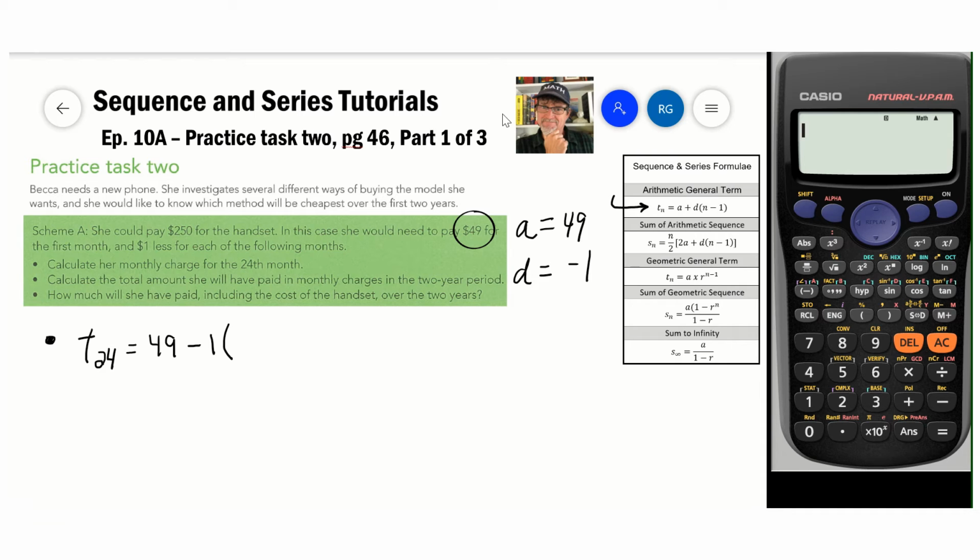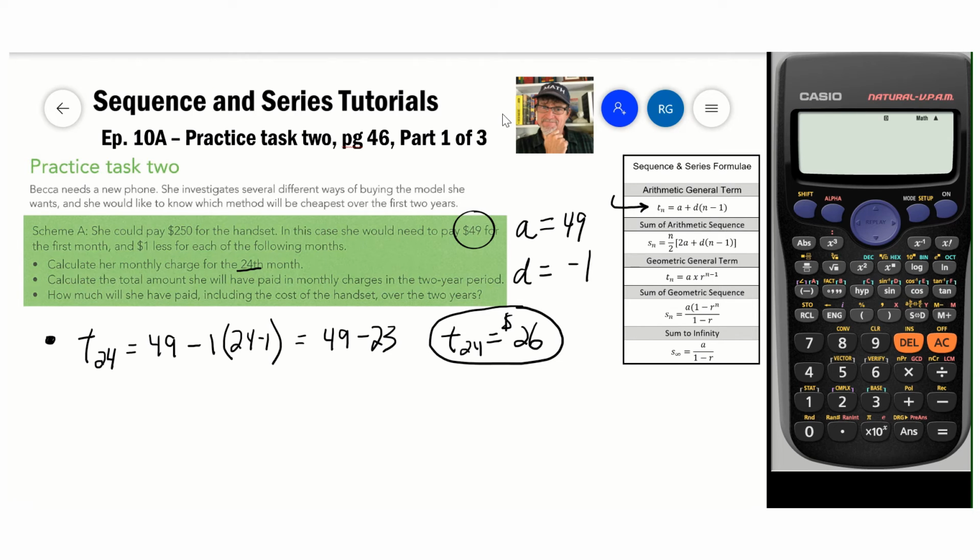Well, the 24 right here, there's our n, 24 minus 1. All right, so all this is just 49 minus 23. So our 24th term is 26. In this case, $26 is what she has to pay on the 24th month.